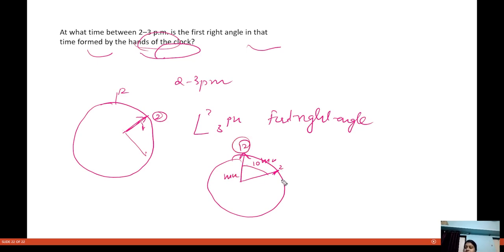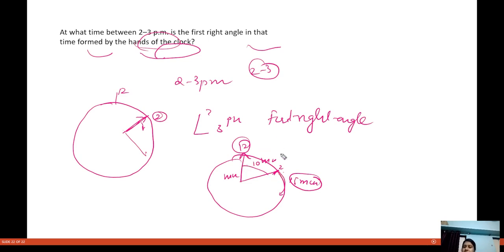This is the minute hand at 2 p.m. and this is the hour hand at 2 p.m. Now see, the first right angle between 2 and 3 will be formed when the minute hand is 15 minutes ahead of the hour hand.